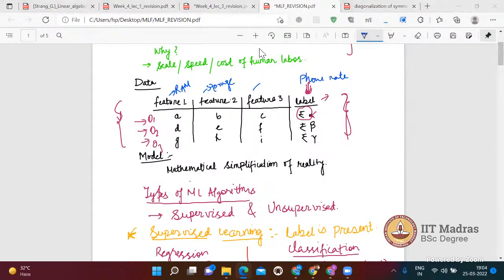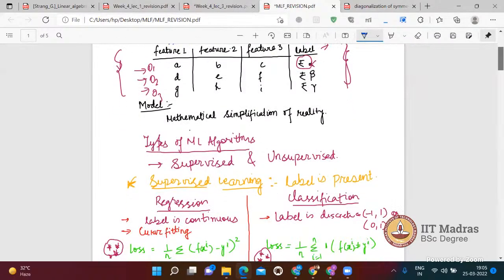We have three observations: this is the first observation, this is the second, this is the third. We can have millions of observations, and then we'll have a label. So this is a simple data set with three features and the label also.